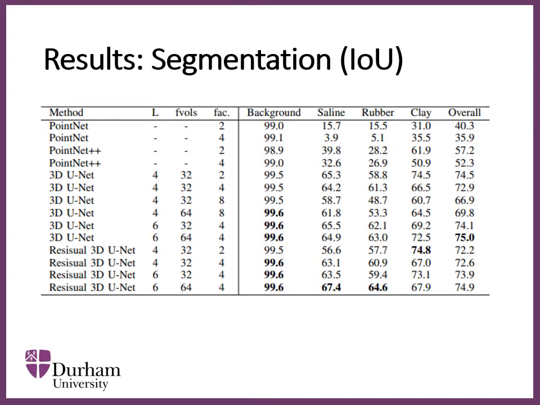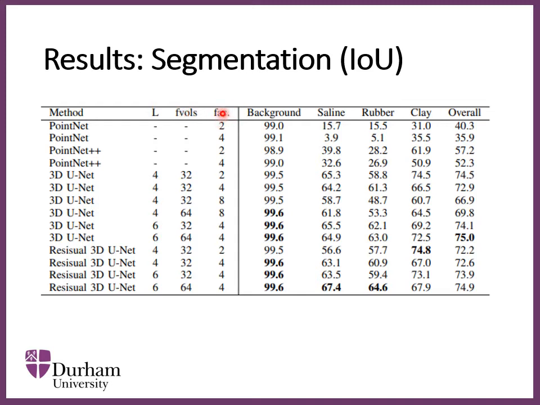In the first experiment, we investigate different 3D segmentation algorithms, including point cloud-based methods and 3D UNet-based methods. More importantly, we investigated the effect of different values of the hyperparameters, like the number of levels for 3D UNet, the number of feature volumes in the first level of the 3D UNet, and also the factor.